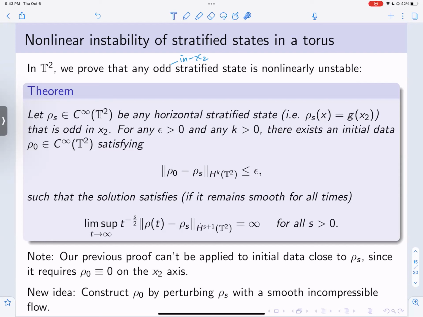Well, in the sense that let's consider any smooth stratified steady state that is odd in x2.